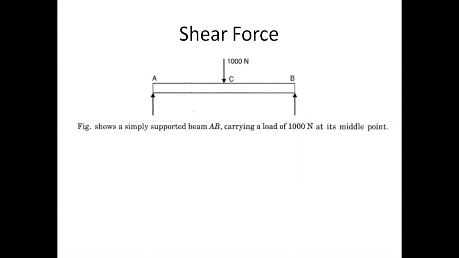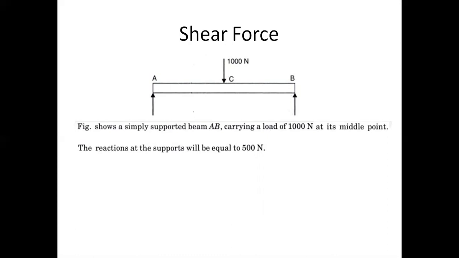The figure shows a simply supported beam AB carrying a load of 1000 newtons, or 1 kilonewton, at its middle point. C is the middle point of AB. Now, can we calculate the reactions at the supports? Obviously, they are equidistant.